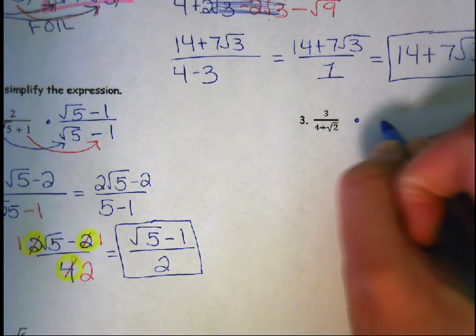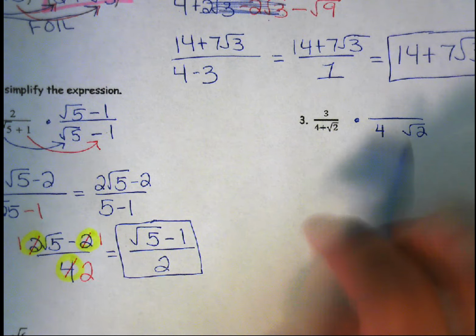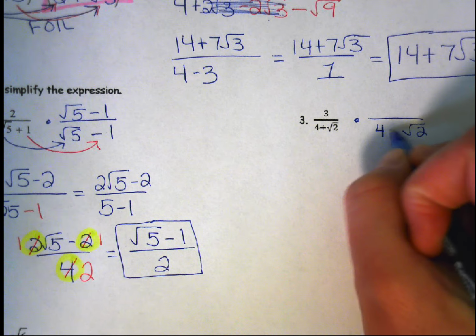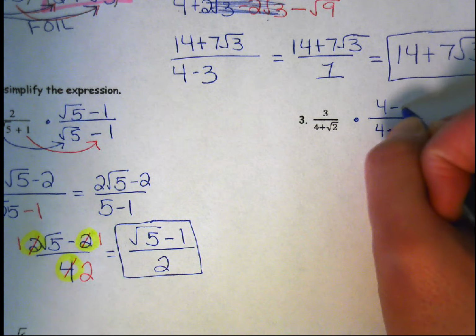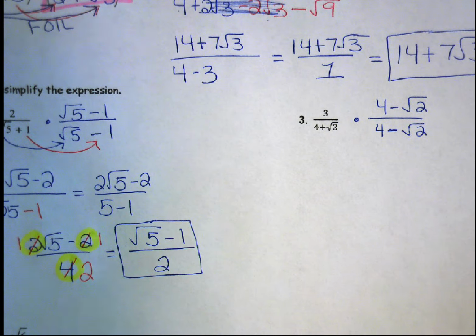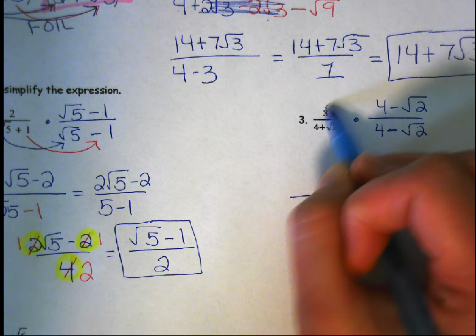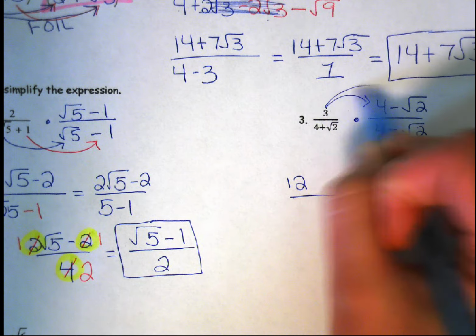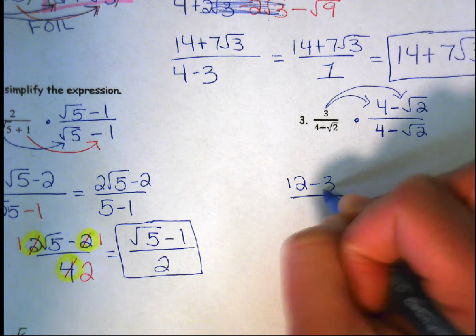I'm going to use the conjugate. So it's 4 and square root of 2, but then I just do the opposite symbol. So if this is a plus, I use a subtraction. Okay? Those are your only choices. And then 4 minus the square root of 2 again. Right? So on the top, we're going to distribute 3 times 4, and then 3 times the square root of 2. So it would be a minus 3 square roots of 2, like that.